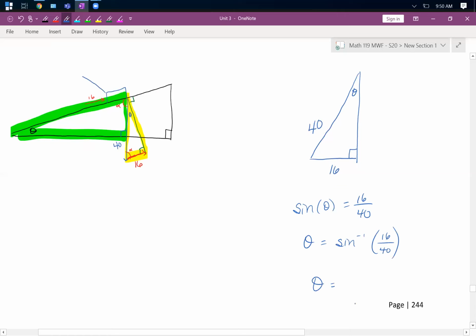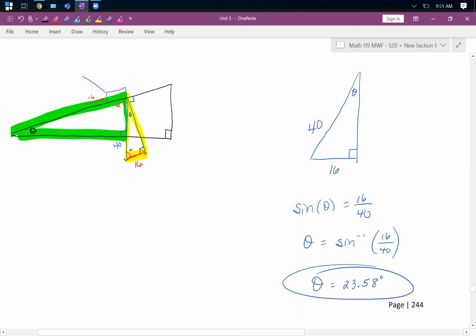And again, we're rounding to the nearest hundredth. I got 23.58 degrees. Anybody else get that? That's what I got too.